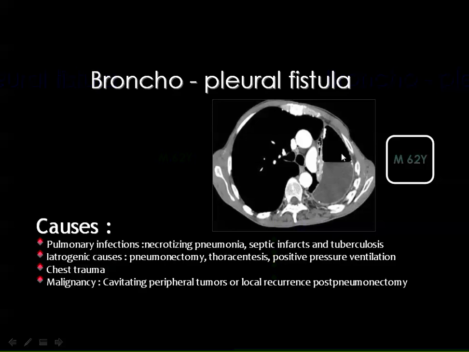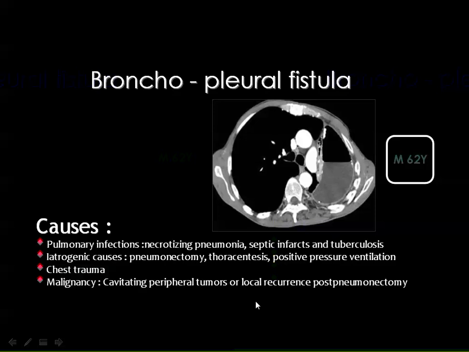Then a bronchopleural fistula is suspected whenever you see air with pus inside the pleural cavity, or air with a pleural collection, what we call hydropneumothorax. Pulmonary infections like necrotizing pneumonia, septic infarctions, and TB are common causes for the development of bronchopleural fistula.